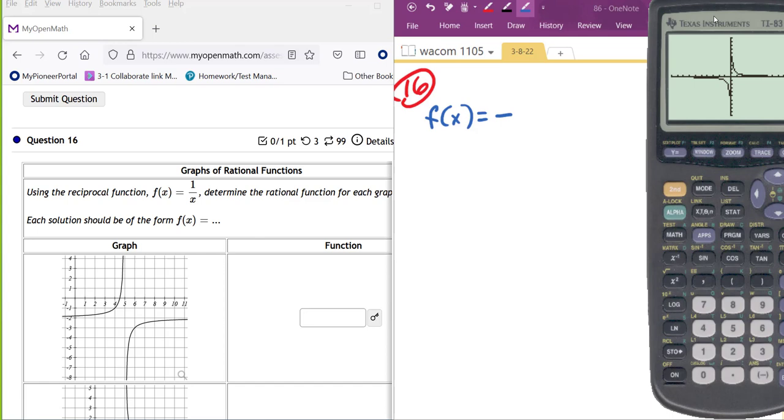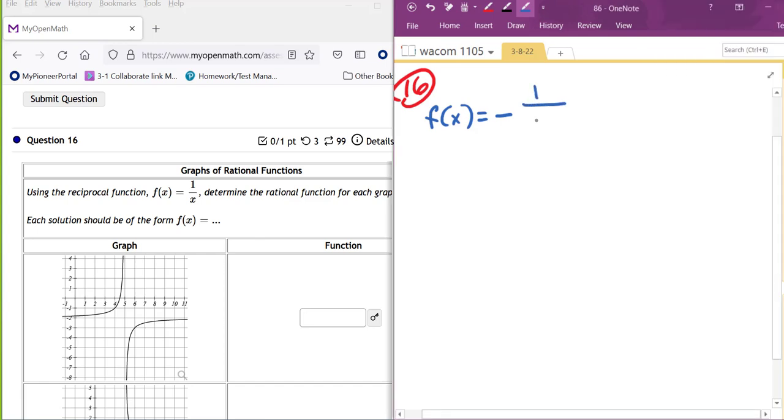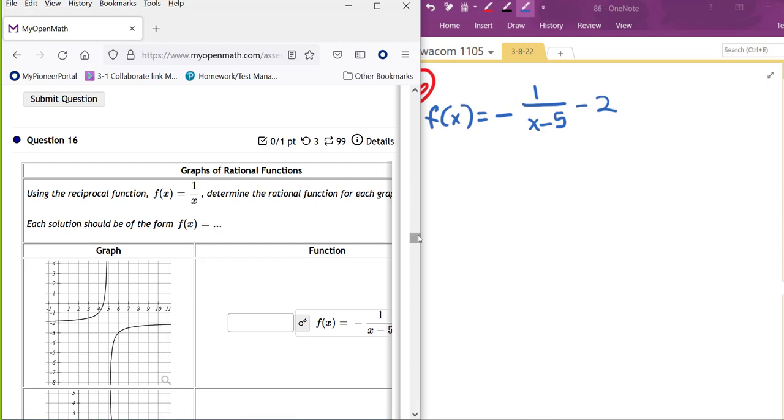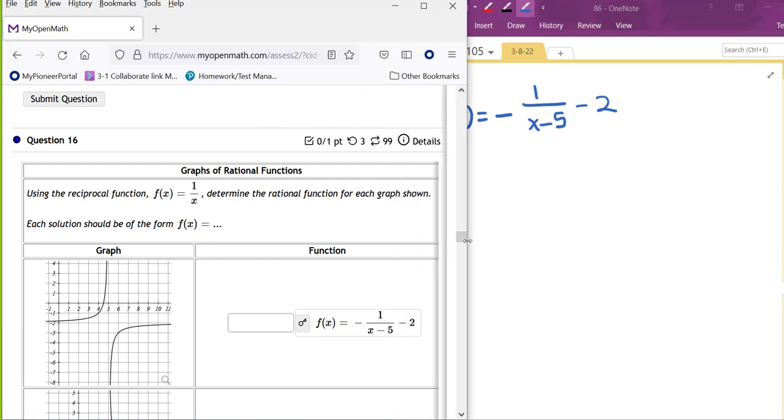And that would be a minus, because it goes the opposite. And it has moved down 2 units. Your horizontal asymptote there is -2. So that should be our function here. And I think you probably have to enter that f of x. There we go. And it did have the negative in the front. So make sure you don't miss out on that.